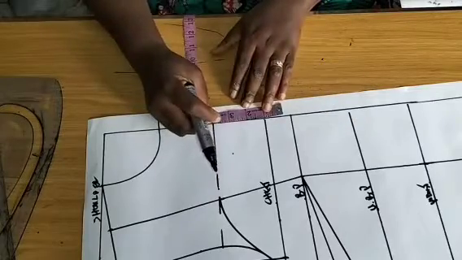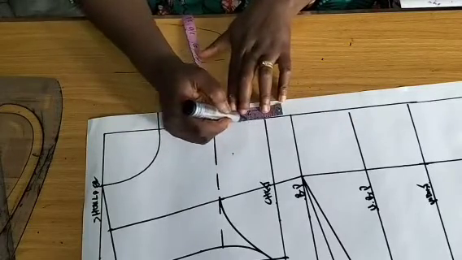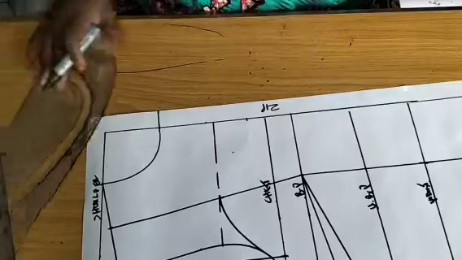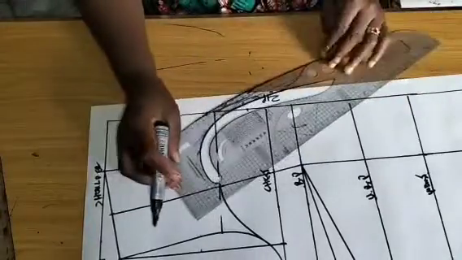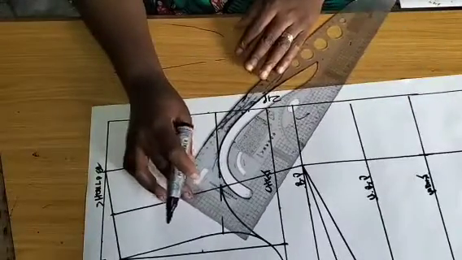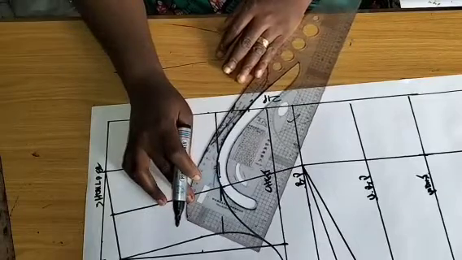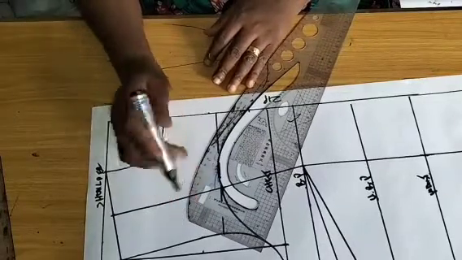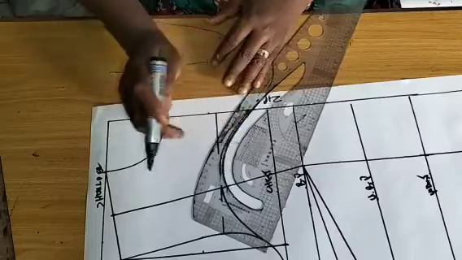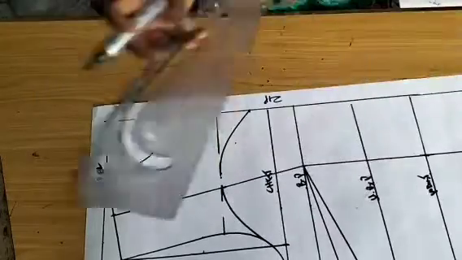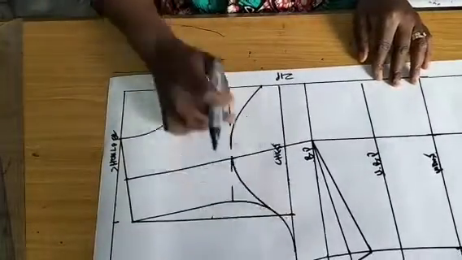But if you want it to come up a little bit from this chest line, you can come up by 1 inch. Then place your pattern ruler this way. You can see how I placed it. Anywhere it touches this line, I've already formed the yoke line.